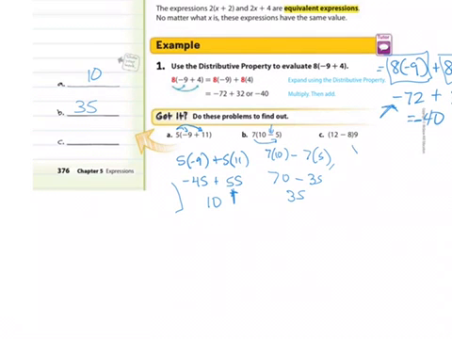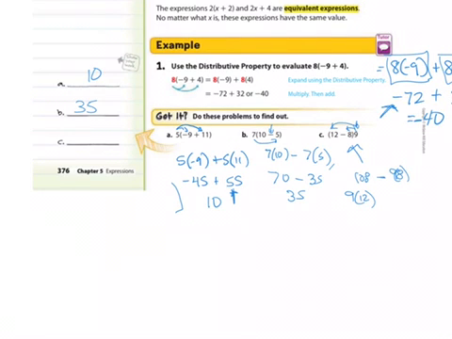Next, lastly, we would have this. It doesn't change when a value is on the other side of the parentheses. We still approach it in the same way. So we're at 9 times 8, and that would be 9 times 12, which would be 108.